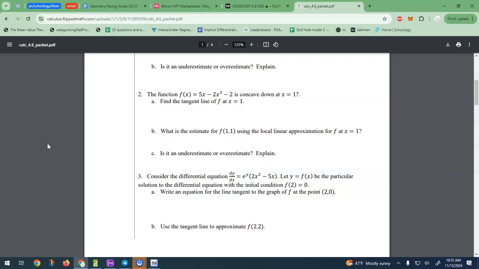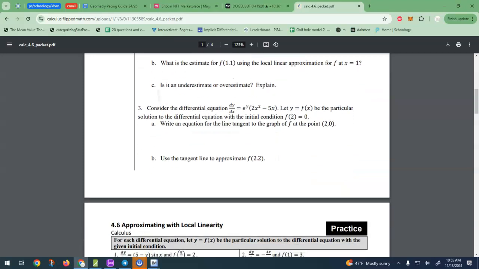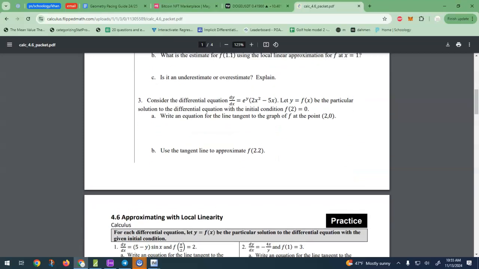Okay, for 2. Alright, 3. Just a little different scenario, same questions, but just a little different setup. So I'm going to find the equation of the tangent line. They were nice enough to give me the point (2, 0), so I can just right away throw in 2, 0.